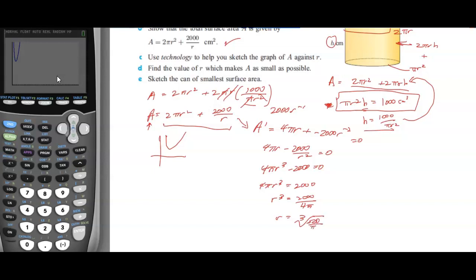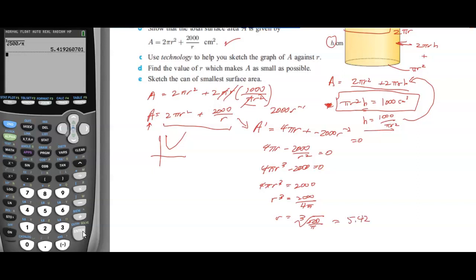So cube root of 500 divided by pi is the value. So let's just go ahead and do that. We'll do cube root. Cube root would be math, then you go down to cube root. And then inside we're going to put 500 divided by pi. And the answer is 5.42. The r value is 5.42.